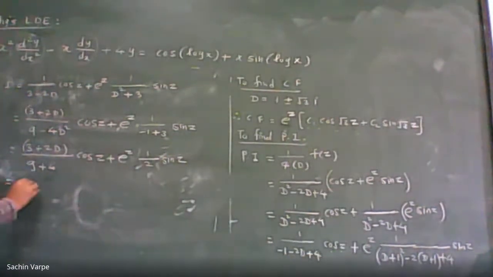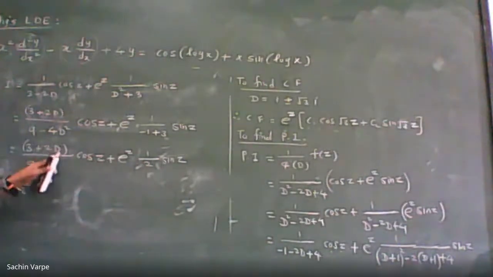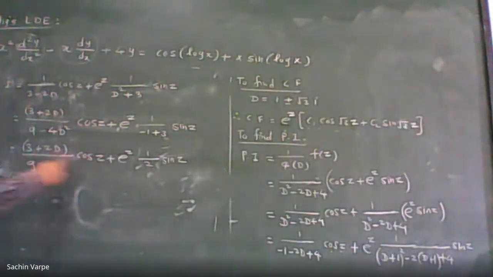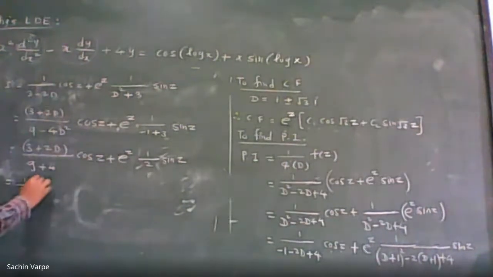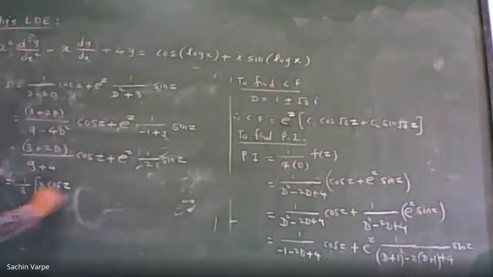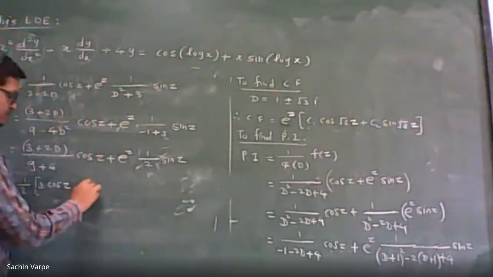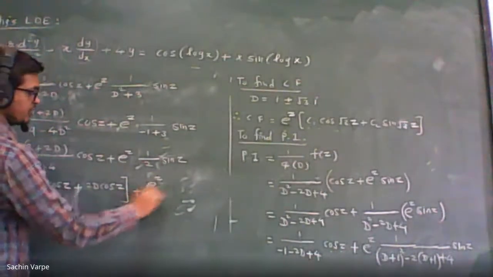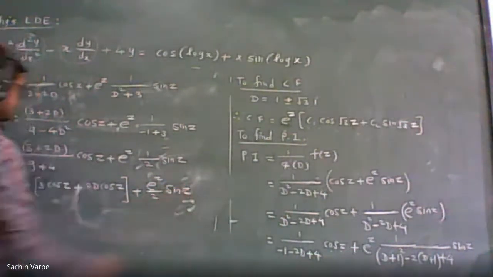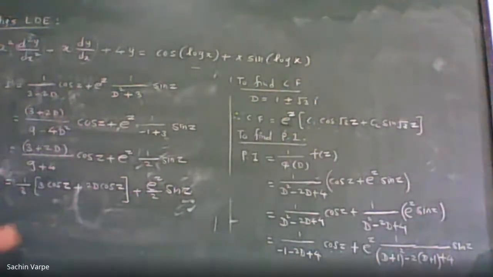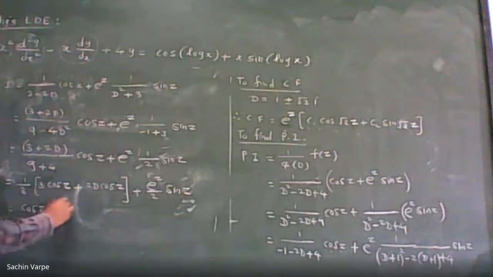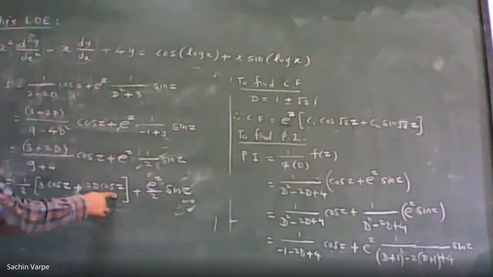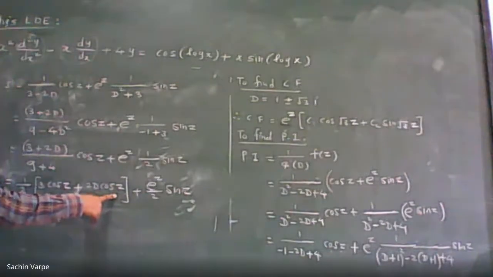So this will be 1 by 13, and still D term is there. So let us expand this operator over cos z. So 3 into cos z plus 2D cos z plus e raised to z by 2 sin z. So what will happen? If I multiply by 3, the 3 will get cancelled. Cos z plus 2 by 3 D of cos z, means derivative of cos z, that is minus sin z.